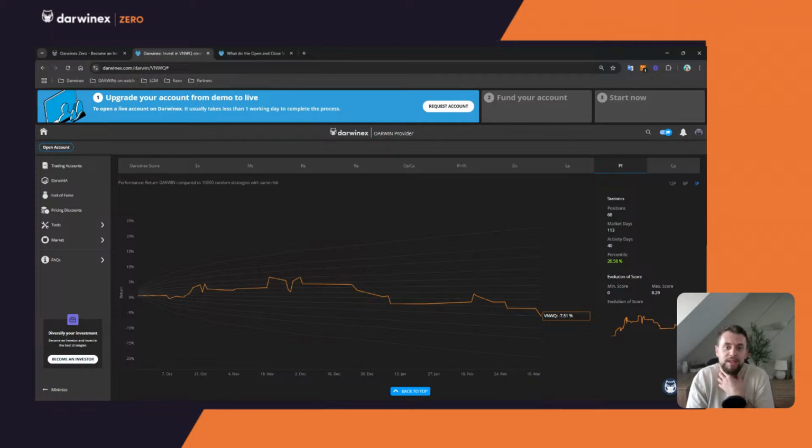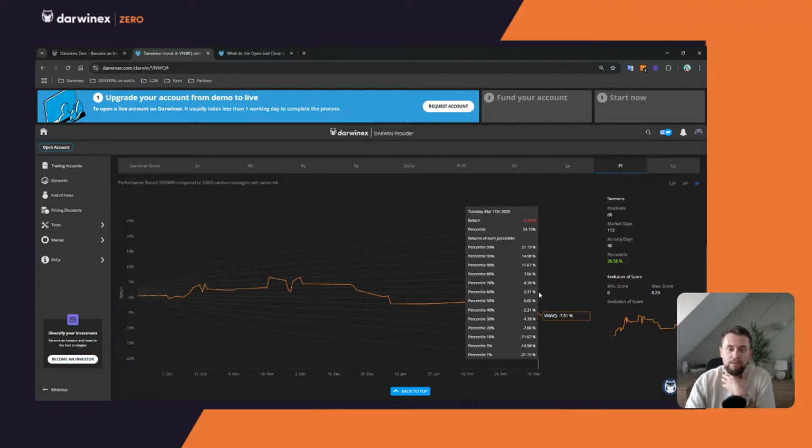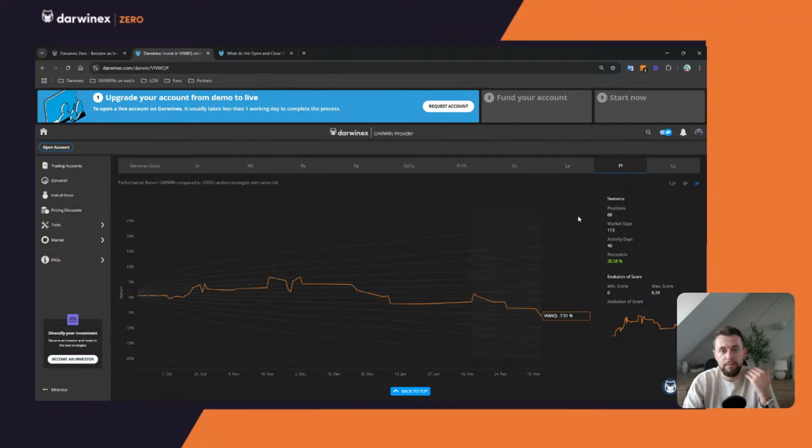Alternatively, if you make a change and then you see that you rocket through the percentiles, let's say you go from 20% to 30, 40, 50, maybe even 80, 90 percentile, you know that it was the right decision. And sometimes, if you make a small change and you shoot up on the performance chart, well, maybe you need to double down on that. Maybe it's something further to explore.